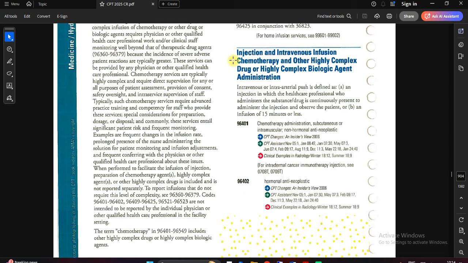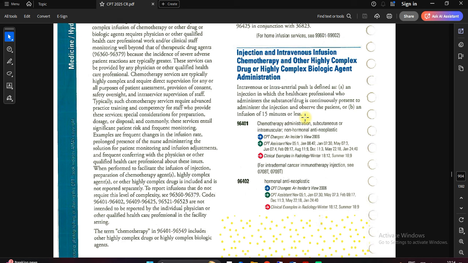If you see our CPT code book, injection and intravenous infusion, chemotherapy and other highly complex drug or highly complex biological agent administration. Here we have an important guideline. Intravenous or intra-arterial push is defined as an injection in which the healthcare professional who administers the substance or drug is continuously present to administer the injection and observe the patient, or an infusion of 15 minutes or less.